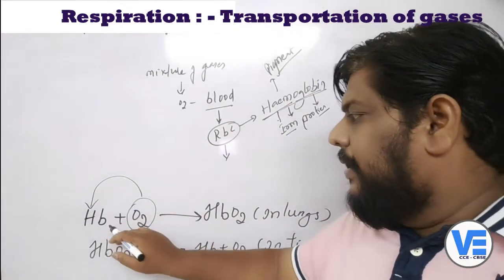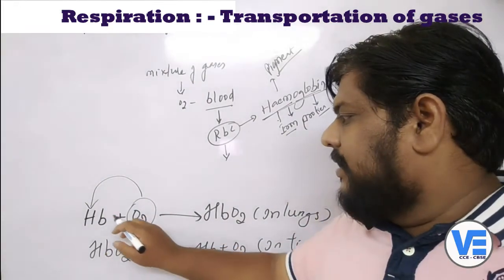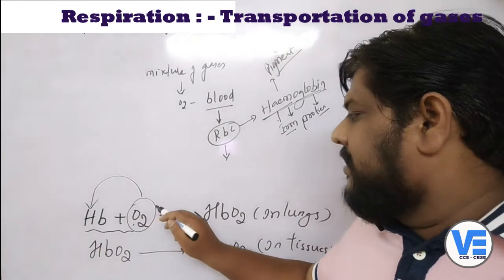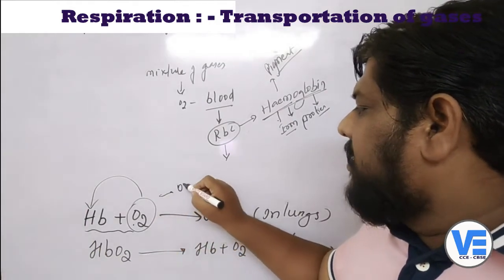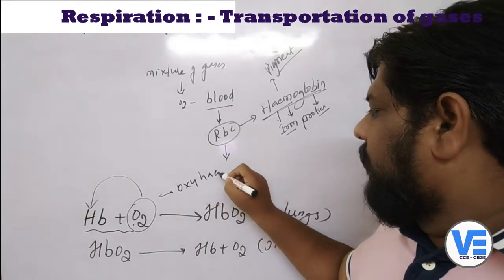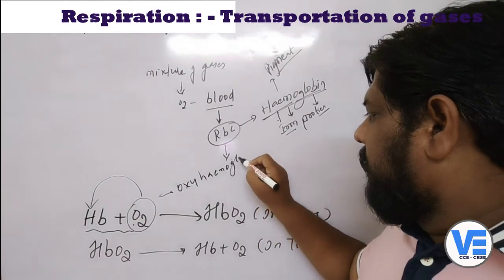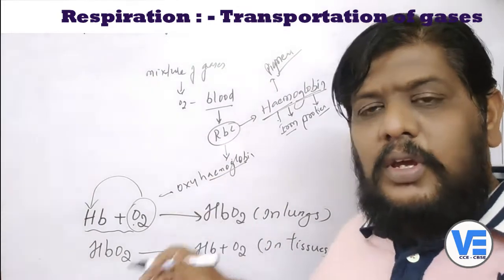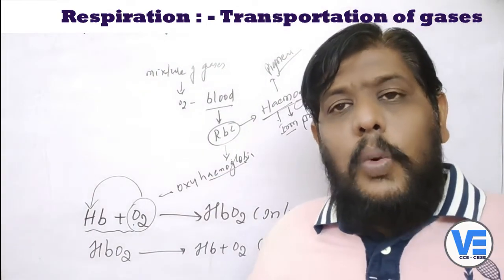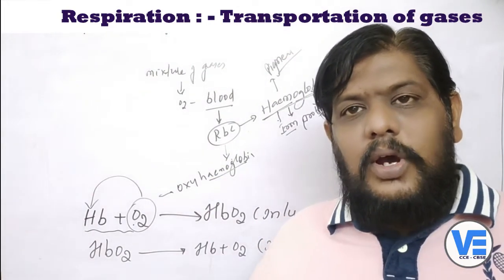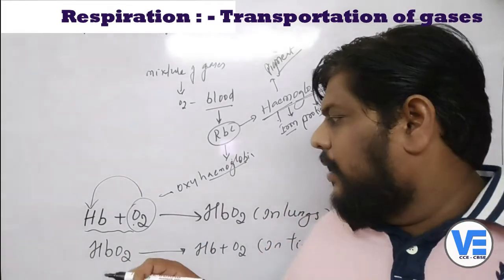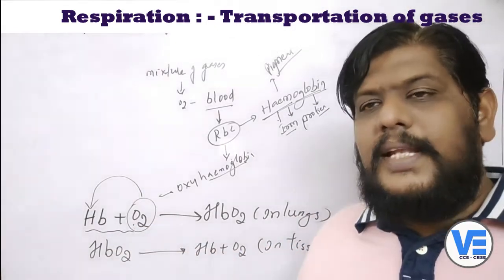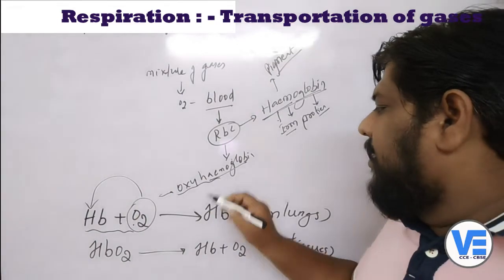The hemoglobin gets bound with the oxygen, and now this bound form is called oxyhemoglobin. So now this is no more hemoglobin, we call it oxyhemoglobin. Why? Because now the oxygen molecules are bound to the hemoglobin. That's why we call it oxyhemoglobin.